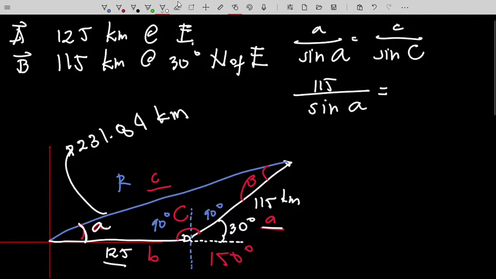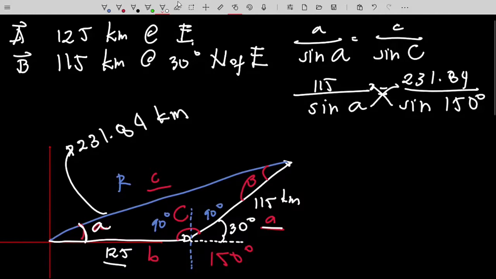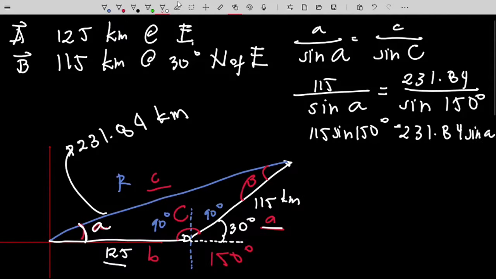The value of C is 231.84 kilometers and angle C is 150 degrees. Now cross multiplication. 115 sine 150 degrees is equal to 231.84 sine A.